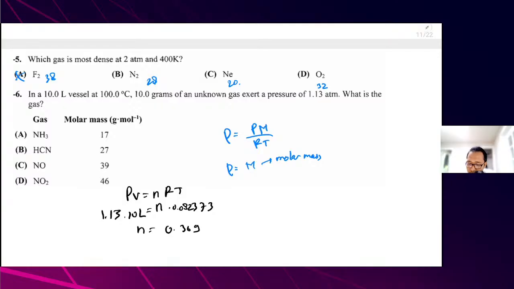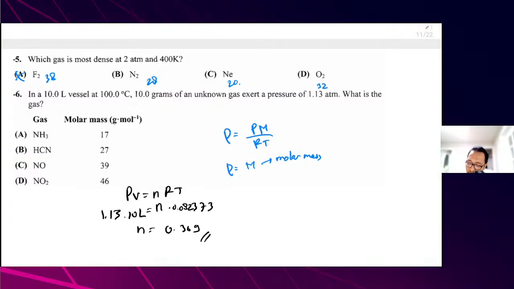Let me calculate again. 0.082 times 373, and n is 1.13 times 10 divided by that. Yeah, this one is n, right?